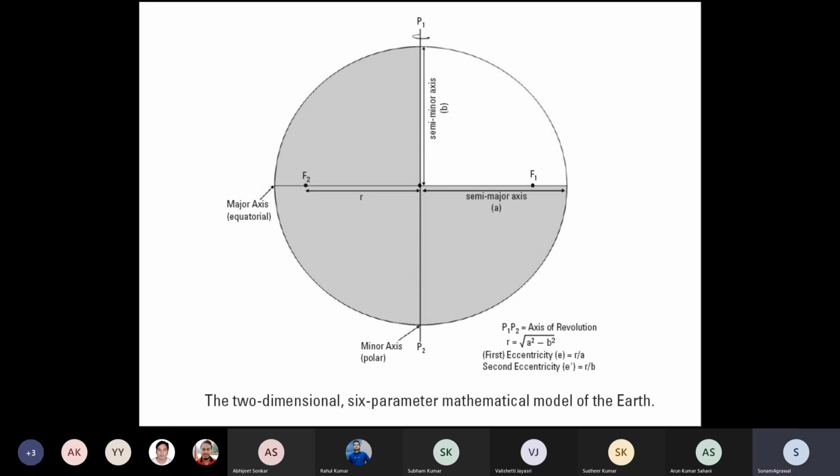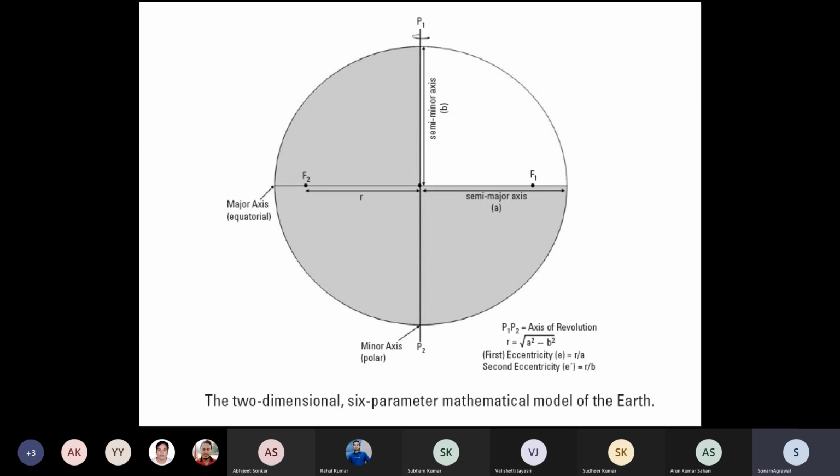So the eccentricity value can range from 0 to 1. In the case of a circle, there is no flattening and the value of eccentricity will be 0. I hope everyone is writing the formulas of flattening, inverse flattening, eccentricity, and second eccentricity.